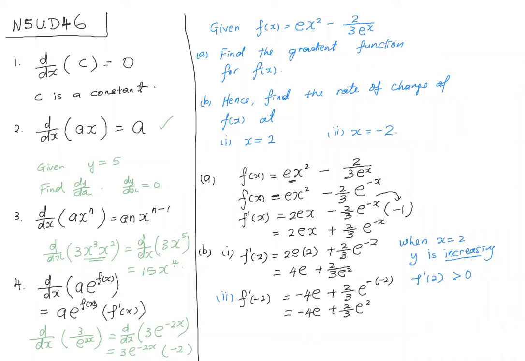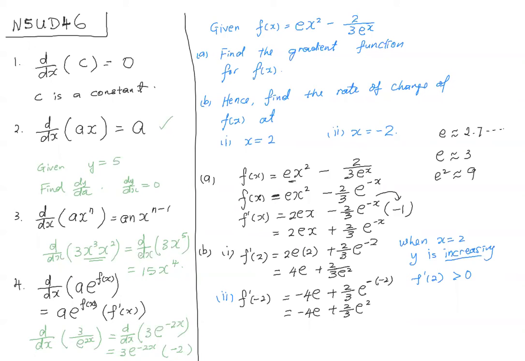We know that e is approximately 2.7 something, am I right? If I take e as approximately 3, then e squared will be approximately 9.